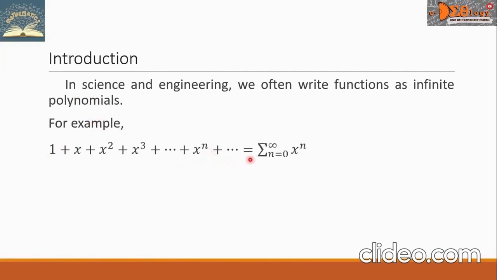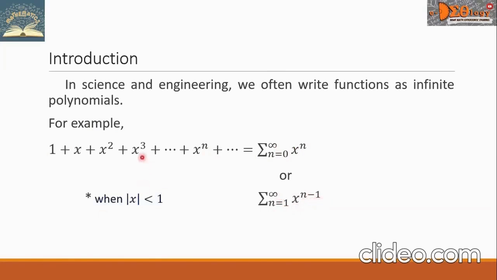We can write this in sigma notation as summation from n equals 0 up to infinity of x raised to n. Or we can write it like this, summation from n equals 1 up to infinity of x raised to n minus 1.